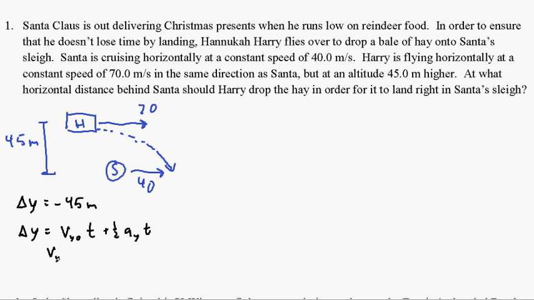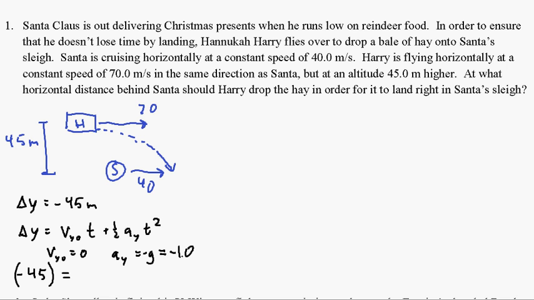Obviously your initial velocity in y will be 0, and your acceleration in the y direction will be negative g. So delta y, which is negative 45 meters, is 0 times t minus 1/2 g t squared. Oh, sorry, this needs a square there. My bad. Really awesome people use 10 for g.